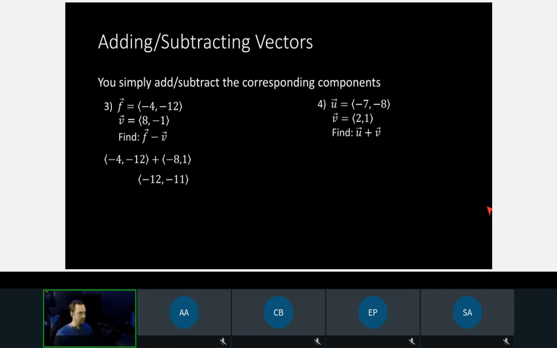Number 4, what did all of you get? 5, -7. All right. I think looks like we're all in agreement. Looks good. All right. Very straightforward.